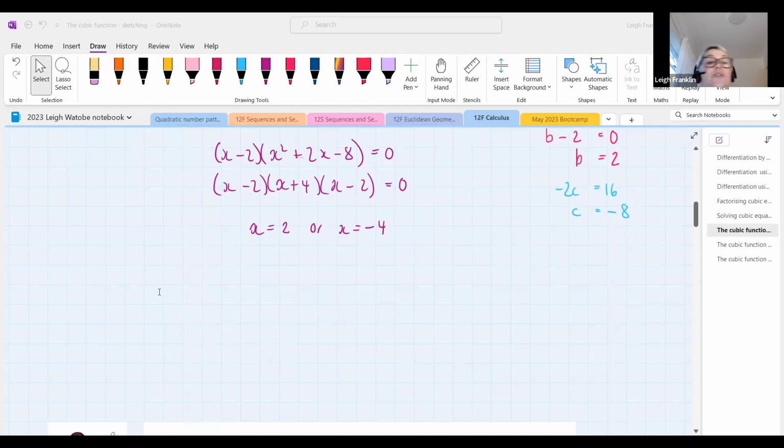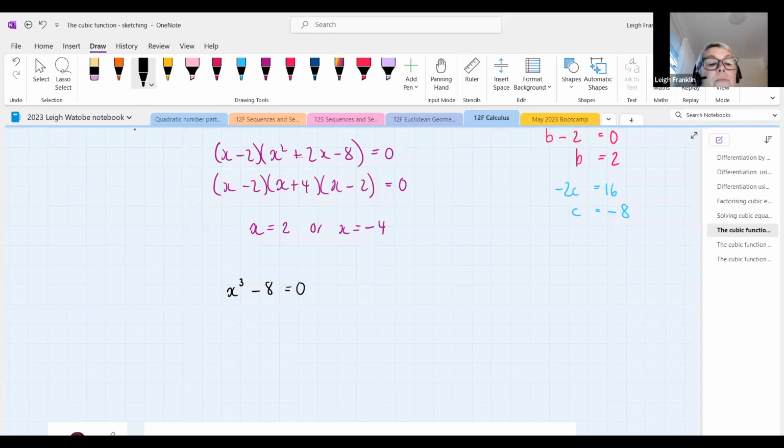Where there's 2 solutions. If you had an equation like this, imagine you had x cubed minus 8 equals 0. Then what you could do here is you could take the 8 over to the other side. You could take the cube root on the left and the cube root on the right, and x would only be equal to 2. So there's an example where there is only one solution.